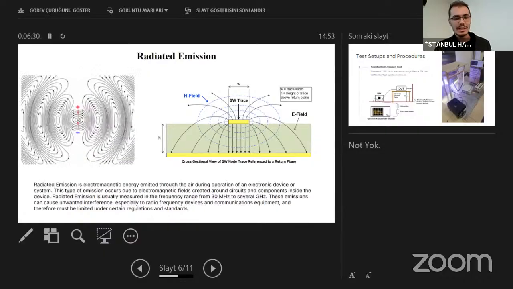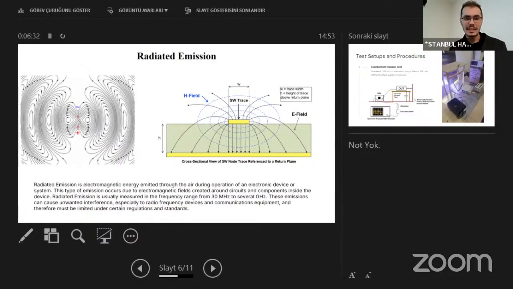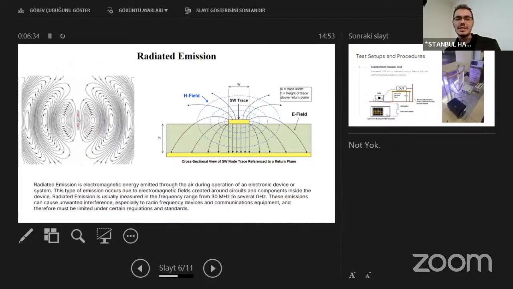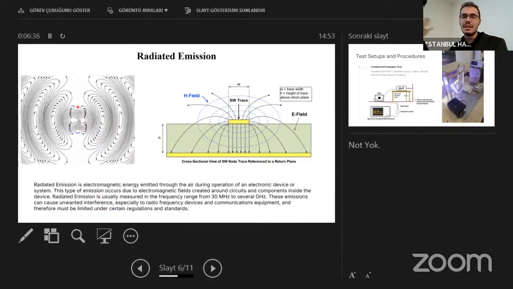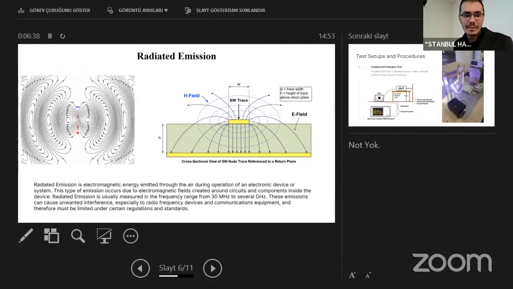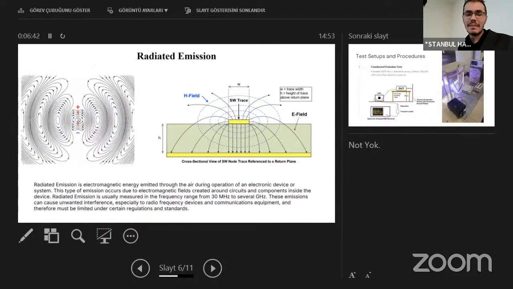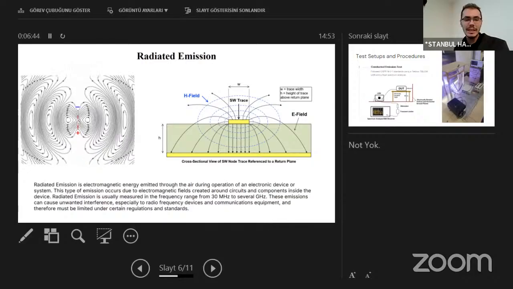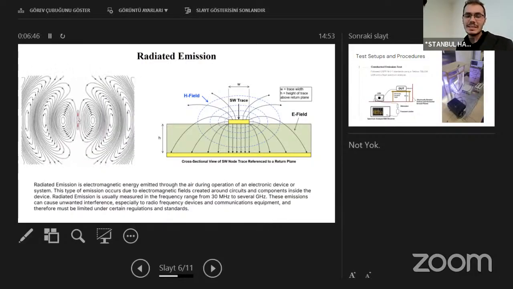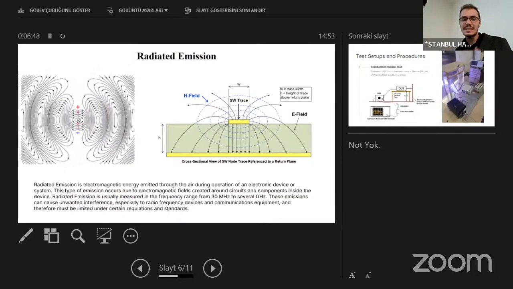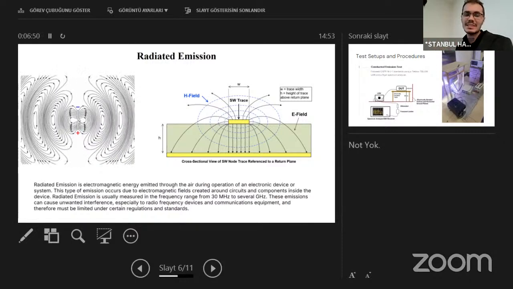Radiated emission is usually measured in the frequency range from 30 megahertz to several gigahertz. These emissions can cause unwanted interference, especially to radio frequency devices and communication systems, and therefore must be limited under certain regulations and standards.